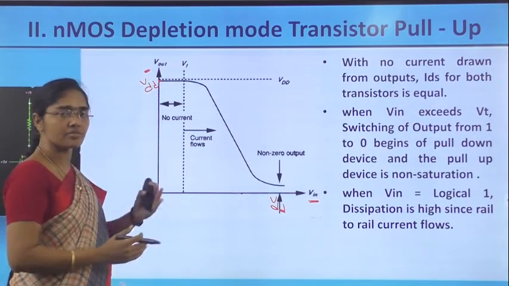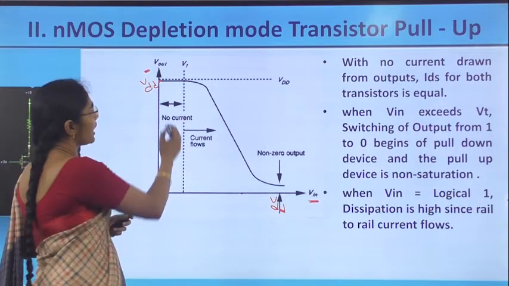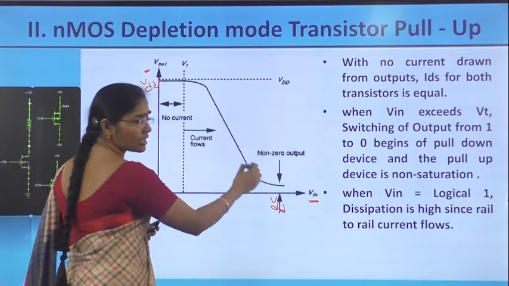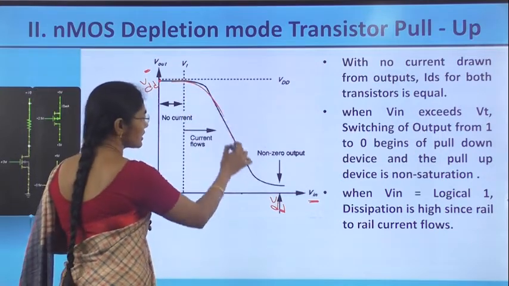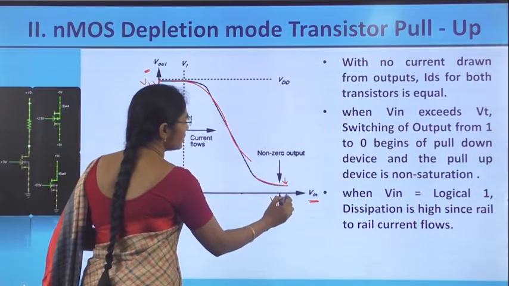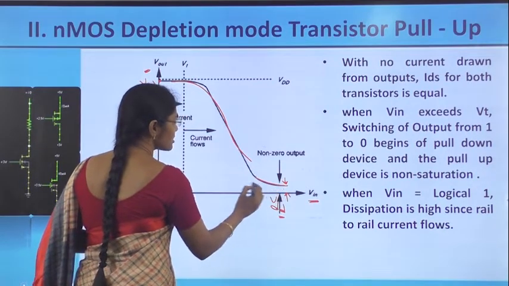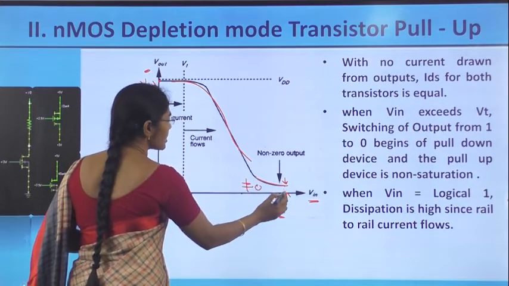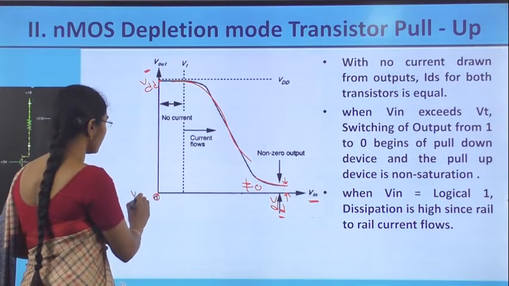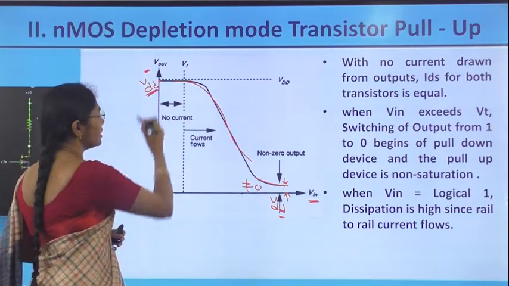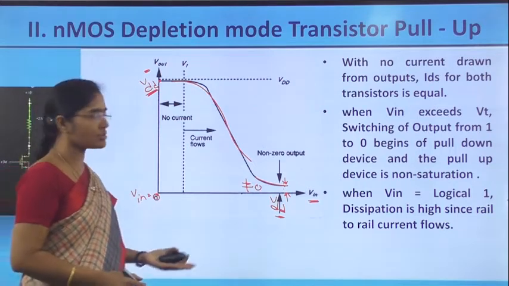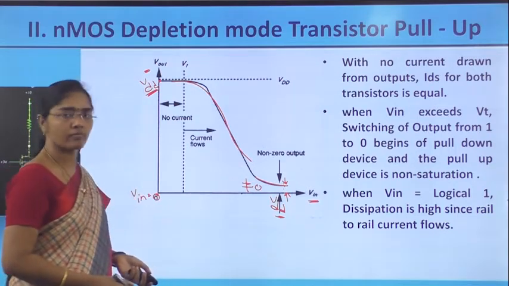Output is full VDD, which we have just seen in the operation, and then it is reducing. At VDD, it is producing a non-zero output. That means it is not equal to 0. There is some voltage drop in the output. So for Vin equal to 0, output is equal to VDD, and for Vin equal to VDD, output is approximately 0, not equal to 0.